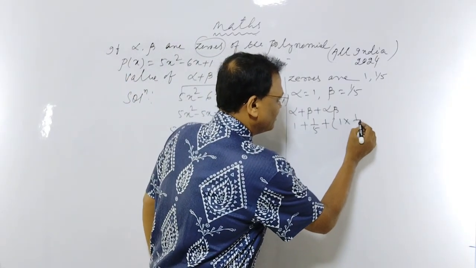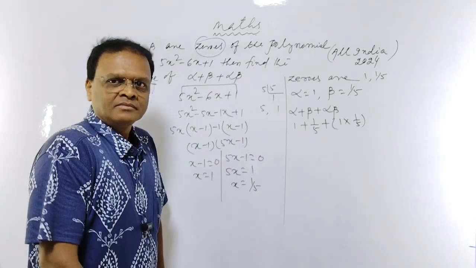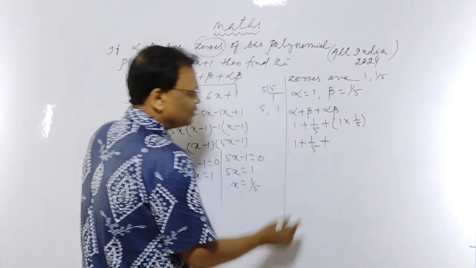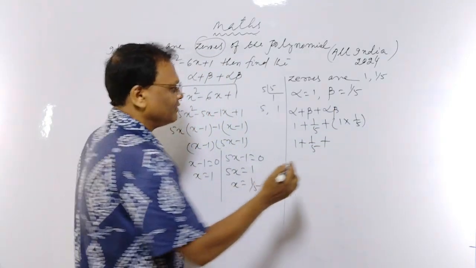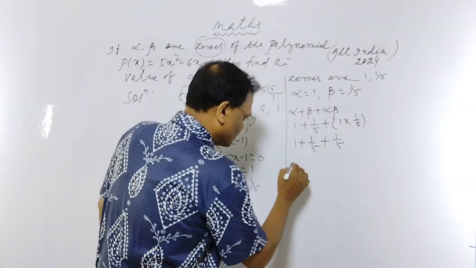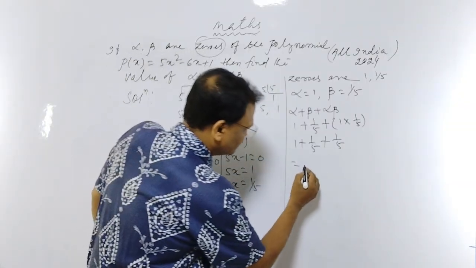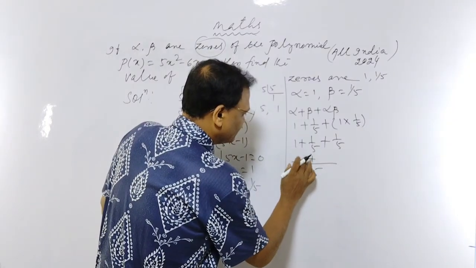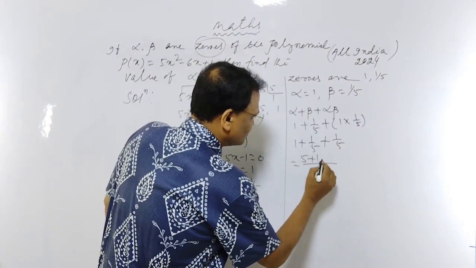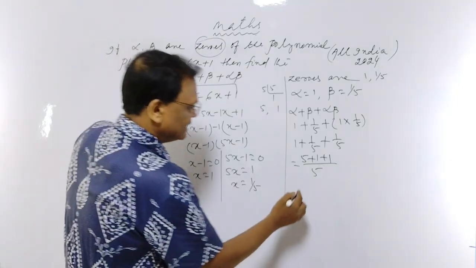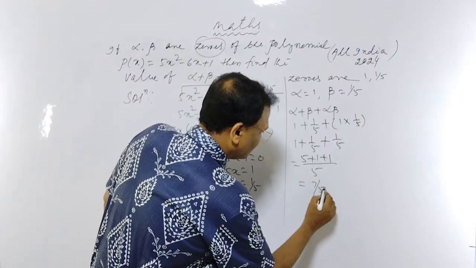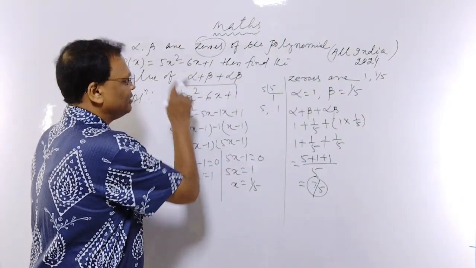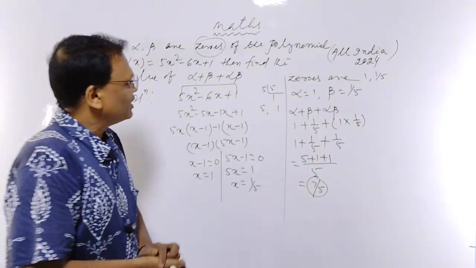Alpha into beta is 1 into 1 by 5, which again is 1 by 5. So for the simplification, this gives me 5 on the 5 plus 1 plus 1, and this gives me 7 by 5, and this is the value of your alpha plus beta plus alpha into beta. So exactly what I did.